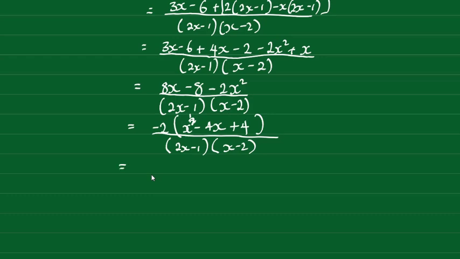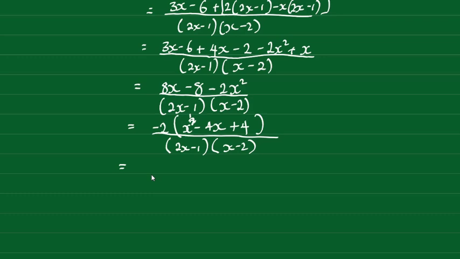Now we continue with our solving. We take note that from our numerator, the value of a is 1, b is -4, while c is +4. And because a is 1, we can proceed as follows. Find two factors of c, because c is 4, that when added give us the value for b.